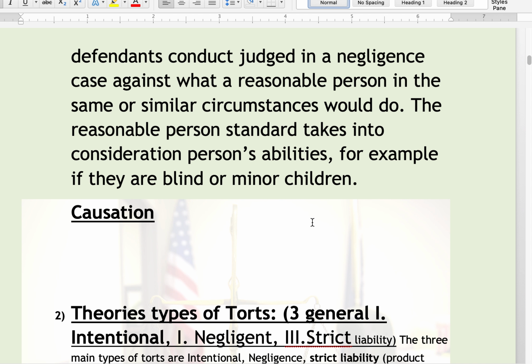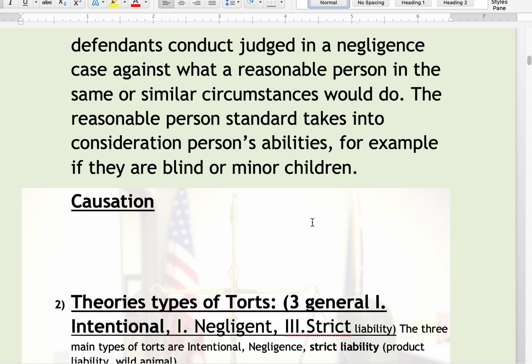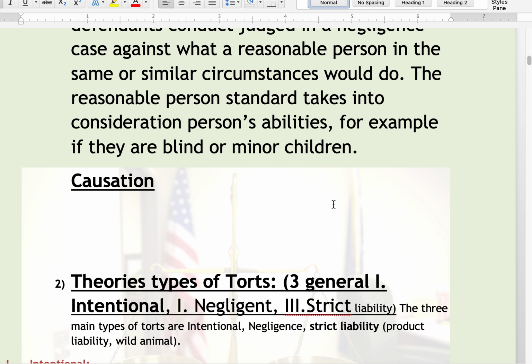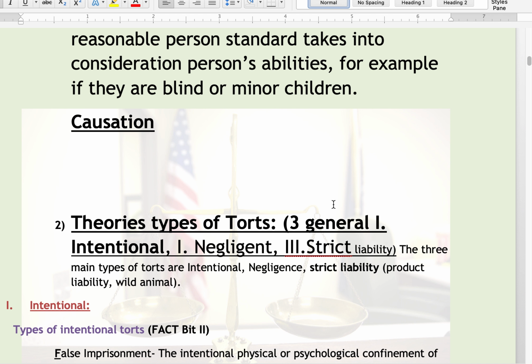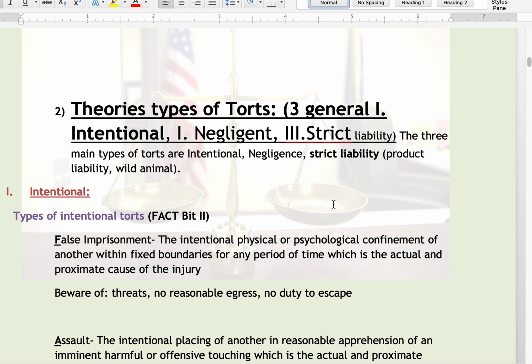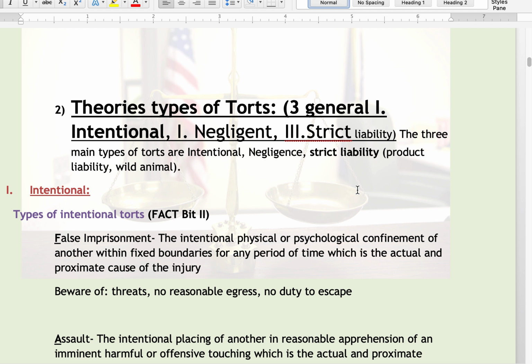The reasonable person standard takes into consideration a person's abilities, for example, if they're blind or a minor child. Causation. I'll go over causation again in the future. So 3 types of torts, generally speaking, again, are intentional, negligence, and strict liability.